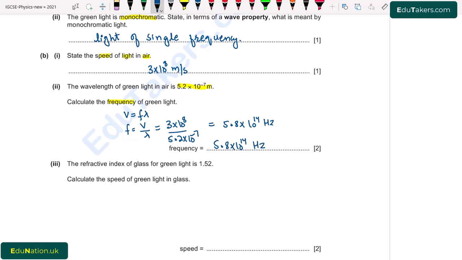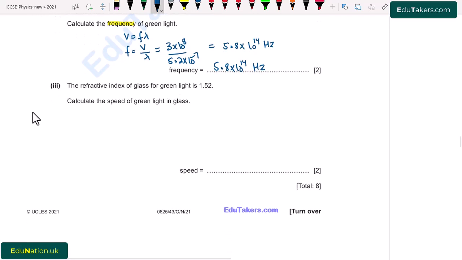Part 3. The refractive index of glass for green light is 1.52. Calculate the speed of green light in glass. Here we have to calculate the speed in glass. The refractive index is the ratio of the speed of light in air to the speed of light in any medium, so n is equal to c over V. Here the medium is glass, so I write here speed in glass.